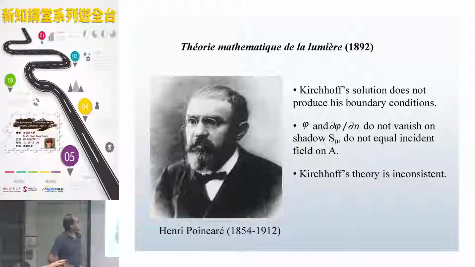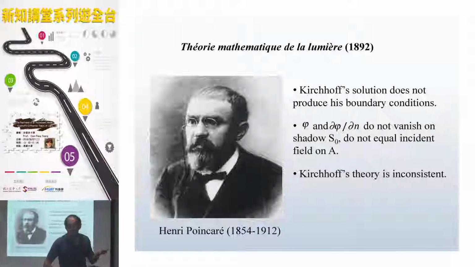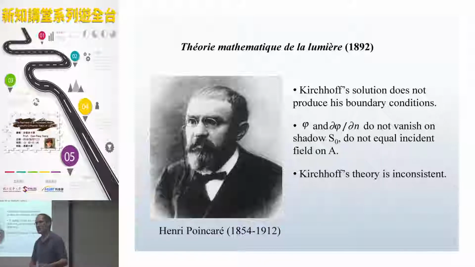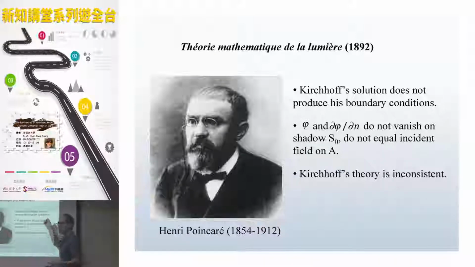This Théorie mathématique de la lumière was not a paper, it was a textbook. Just like Kirchhoff, Poincaré at the time was teaching at a university, so he was very concerned with forming textbooks for students. This was a book he composed for teaching students the physics of light.